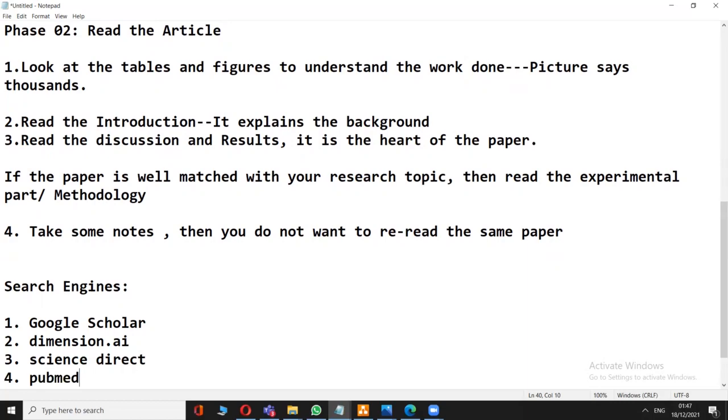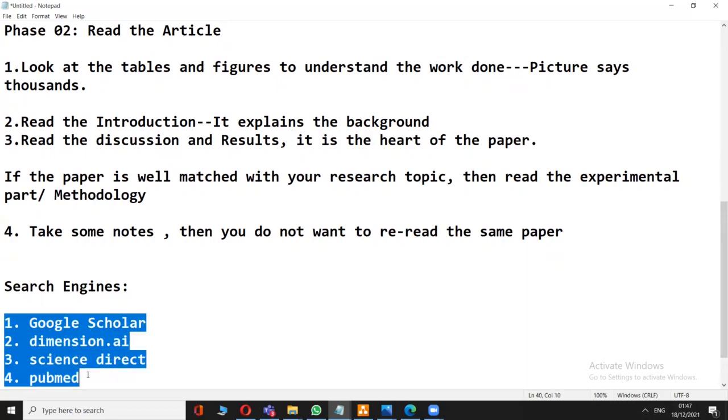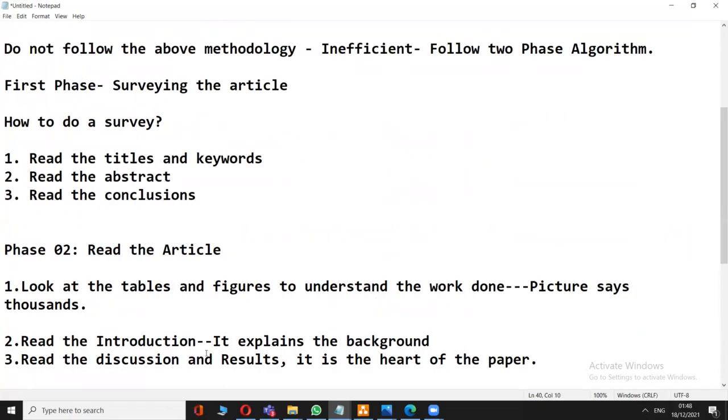Normally, we are not just going to Google or any other general search engines and browsing for research articles, because it is not a proper way to find a research paper. So you can pick one of these search engines and do your browsing.